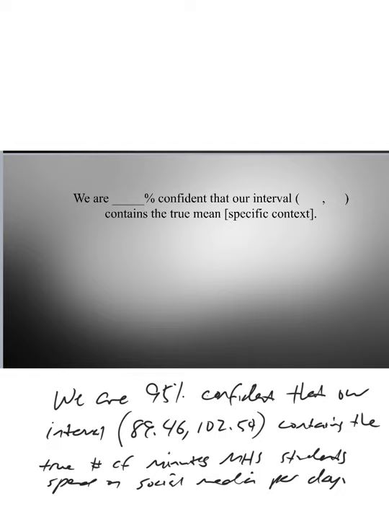But the other big way to improve this interval and to lower its margin of error is to increase n. So if we want a narrower interval, the best option is to increase n.